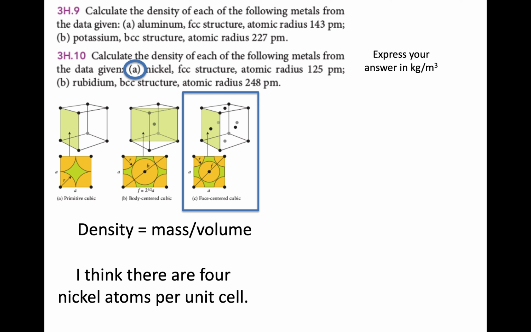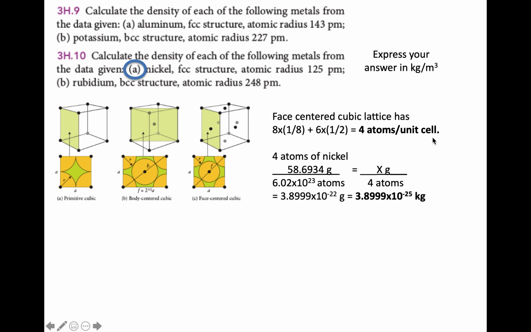So pause for a second. Do you see that as well? What I'm trying to visualize within that is 4 atoms, because I have all 8 corners, all with a 1/8 contribution, and then I have the 6 faces all at 1/2, so I get 4 nickel atoms contributing to the unit cell. I can use that to determine the overall mass.